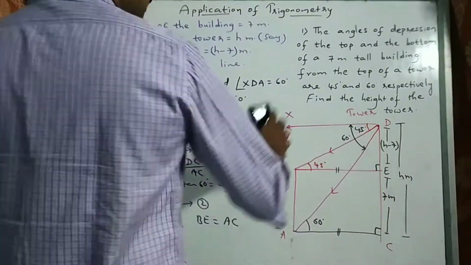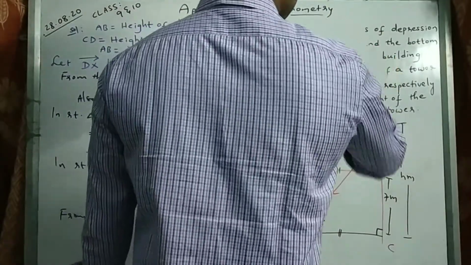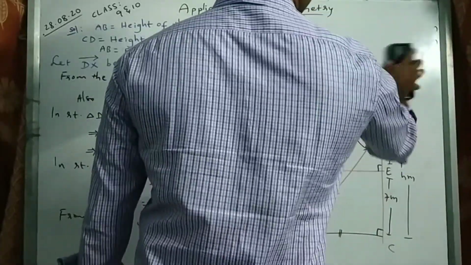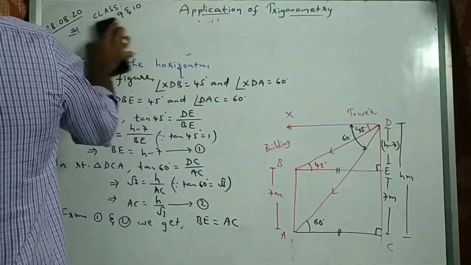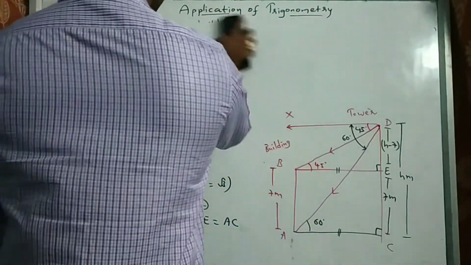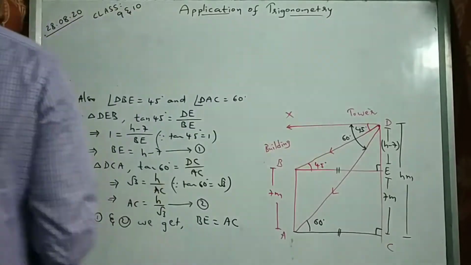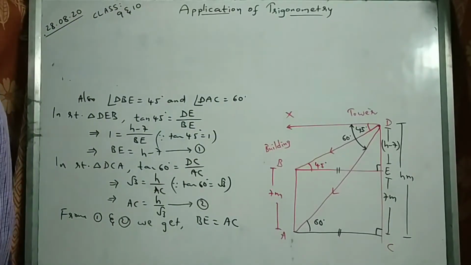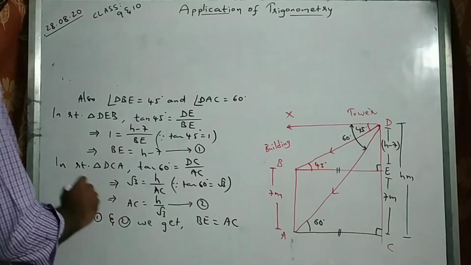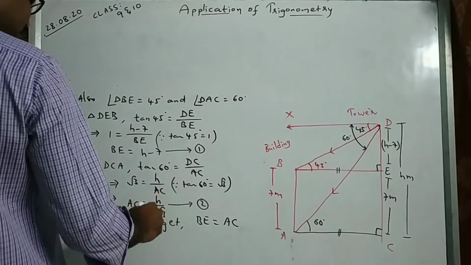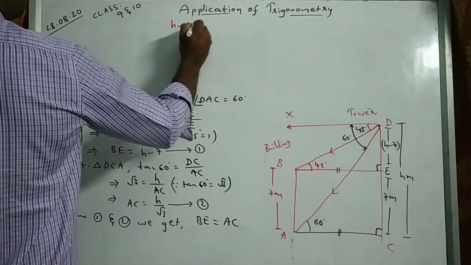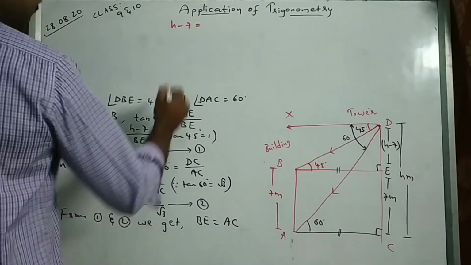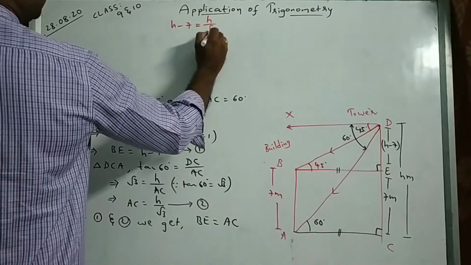I'll just erase the question. See there. So h minus 7 equal to, what will you get? h by root 3.